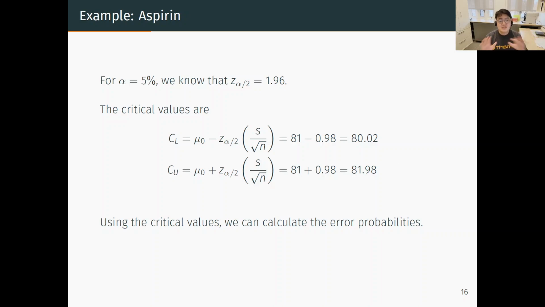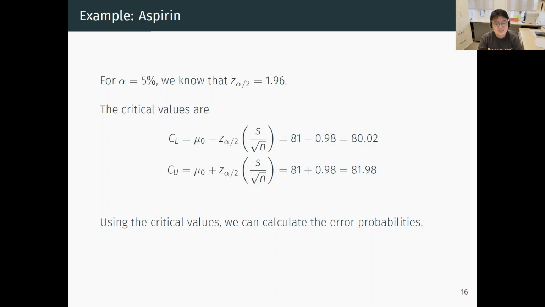In this part, we are going to use critical values because when we calculate type 1 error, type 2 error probabilities, we are thinking about the randomness in the sample average, right? Before looking at the data, before making the decision, we know how many times we are going to make the errors, depending on the random errors, okay?